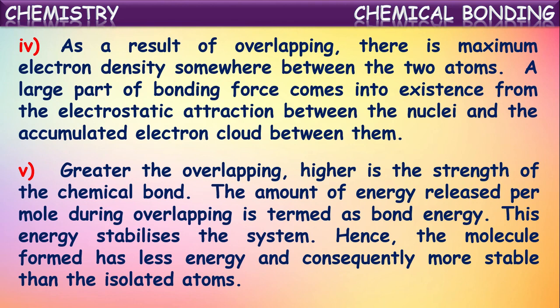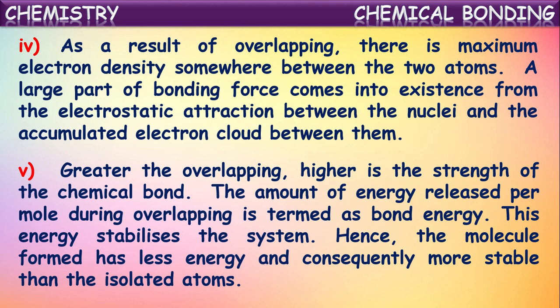Okay, for example, if we consider a single isolated hydrogen atom and a hydrogen molecule, the hydrogen atom will have greater energy and less stability, whereas the hydrogen molecule will have greater stability and less energy, because when two hydrogen atoms approach each other, their atomic orbitals overlap each other and they form a covalent bond.